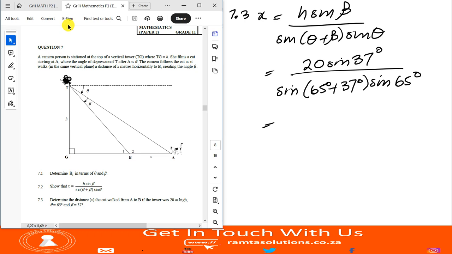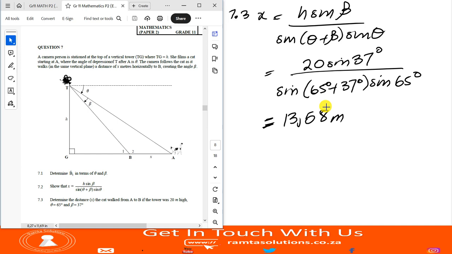So what is our answer? Our answer is 13.58 meters. Okay, our answer is 13.58 meters.